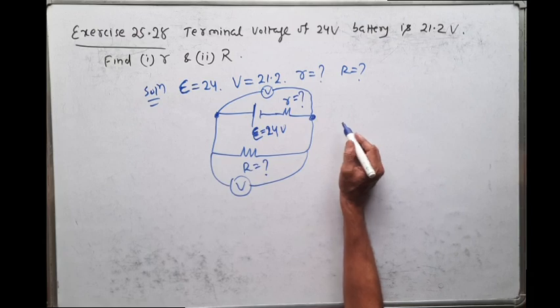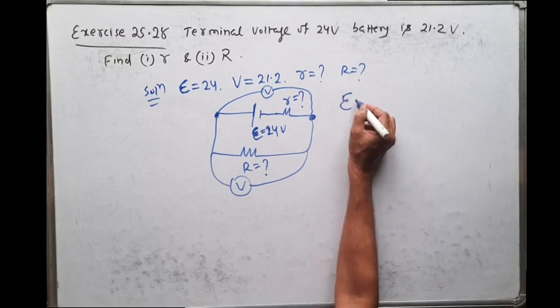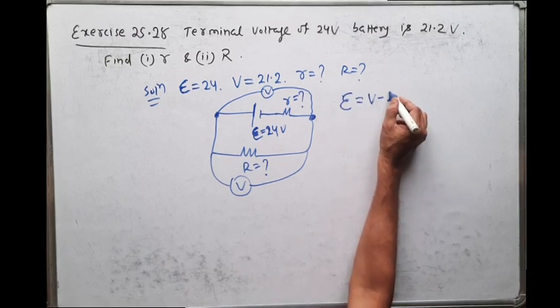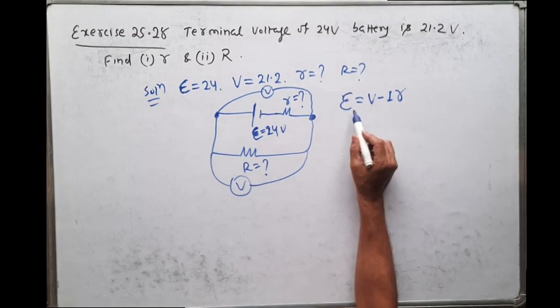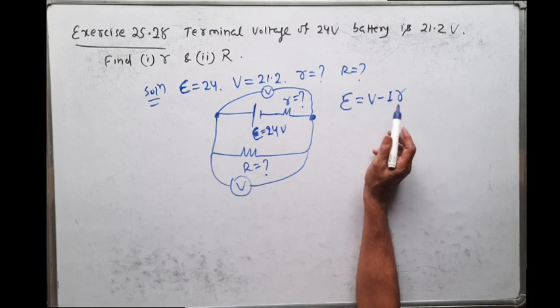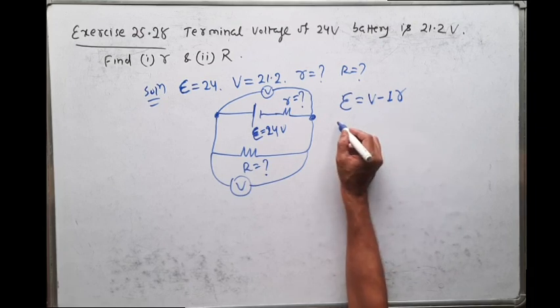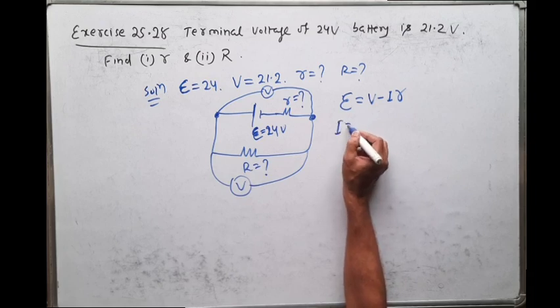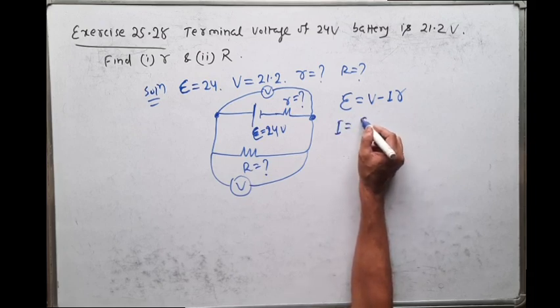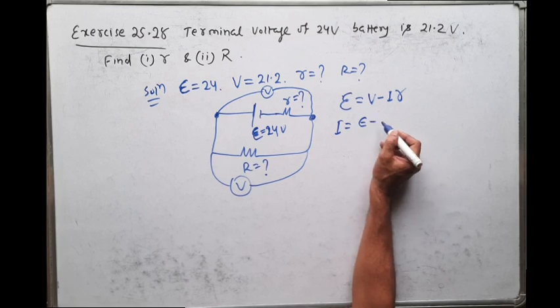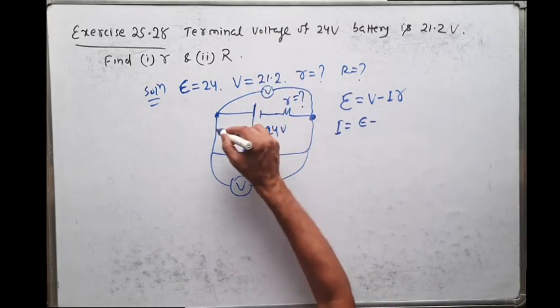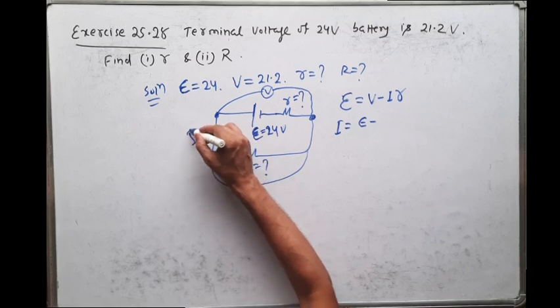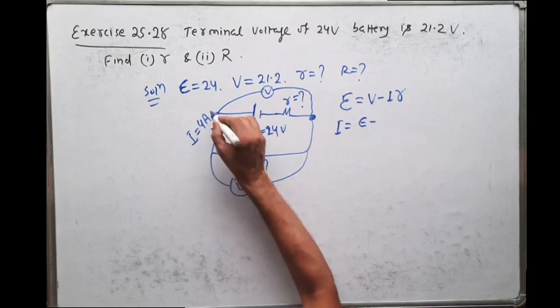So how can you find? We know what is the relation between E and V. E is equal to V minus I r. Here data is also given. The current in this circuit I is also given, that is 4 ampere.